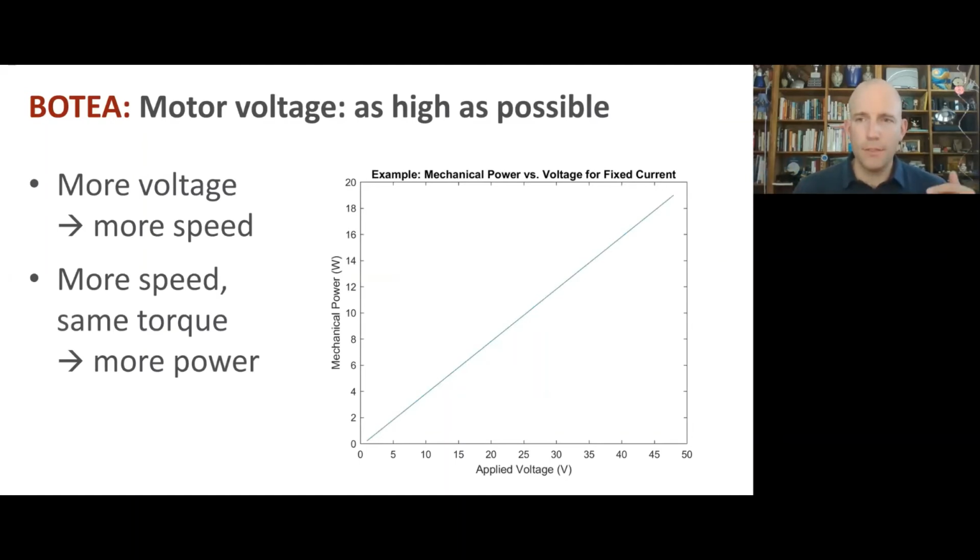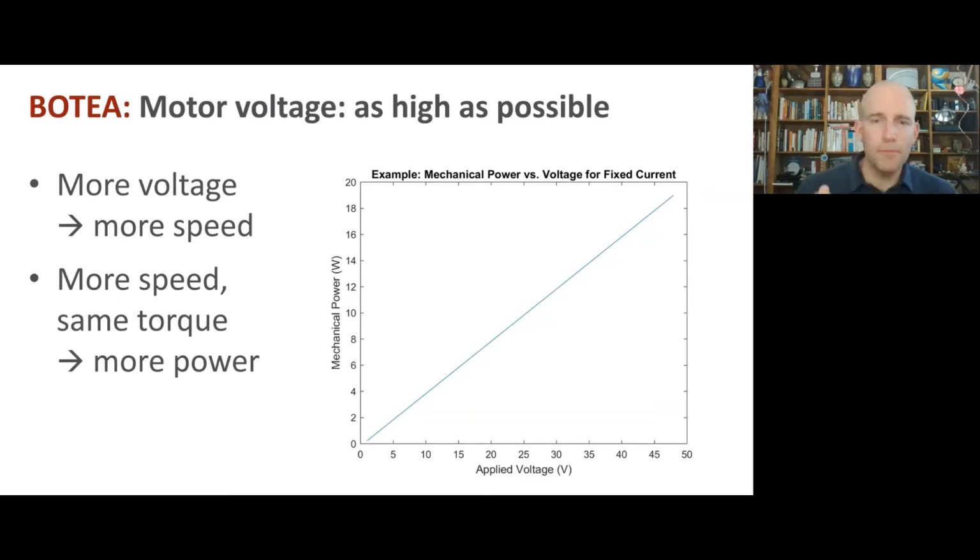So just as we know that more current means more electromechanical torque, more voltage means more speed for our motor. So if we fix our current and slowly increase the applied voltage, the mechanical power out of the motor is just going to increase linearly because the motor speed is just going to increase linearly.